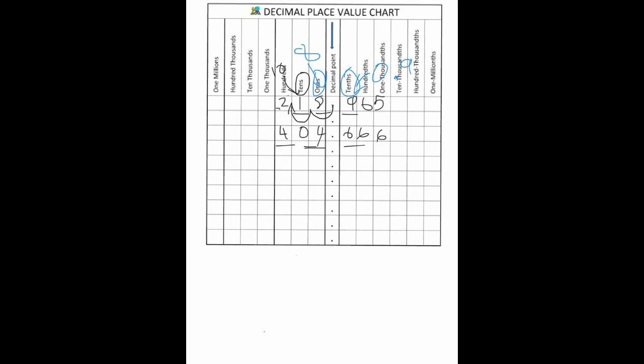So if we have this 4 right here, we know it's in the hundreds place because it's 3 places to the right of the decimal point. Okay, now let's find the value. So 4 times 100 is 400. Same with this 4. It's 1 to the left of the decimal point, and it is in the ones place.